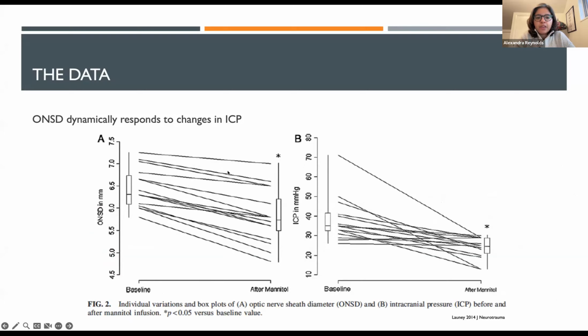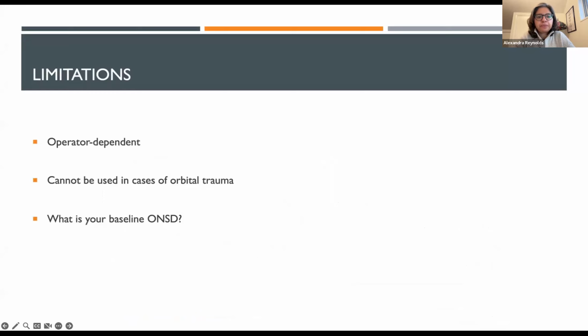Now, the amount of change doesn't necessarily correlate with the amount of change in the ICP, but it does dynamically respond. And so it does give you an ability to check and see if your empiric medication treatment has actually helped or not.